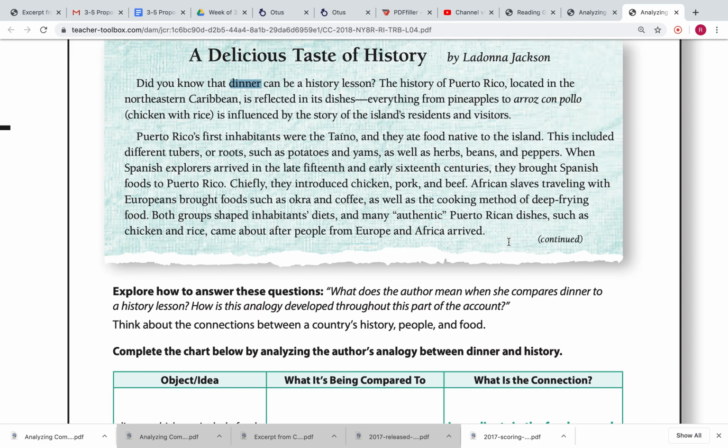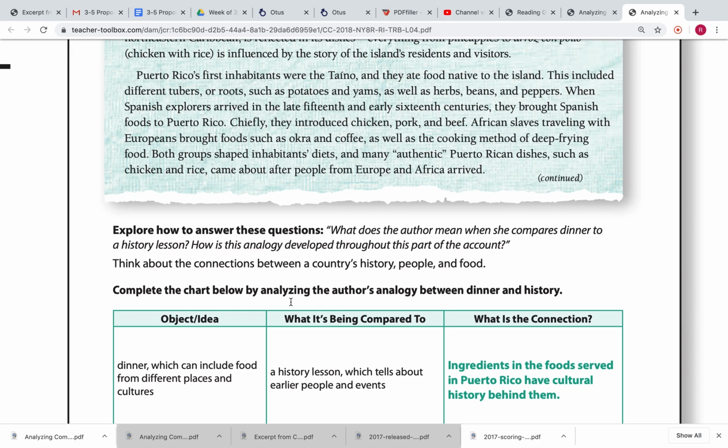The reason why Puerto Rican food is what it is today, and if you eat authentic Puerto Rican food, the reason why you have what is on your plate is because of what happened in history, right? Such as when the Spanish explorers came to Puerto Rico, and the Africans brought their foods over here, right? So let's look at the chart.